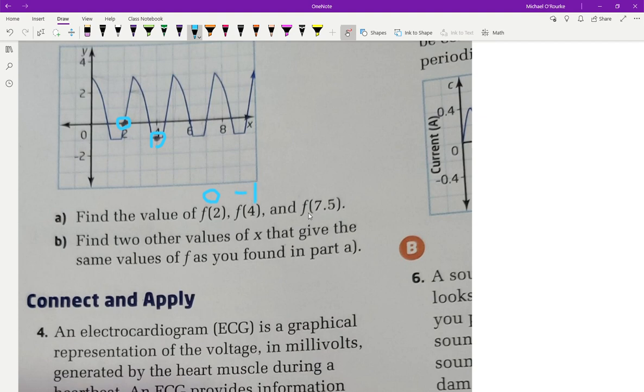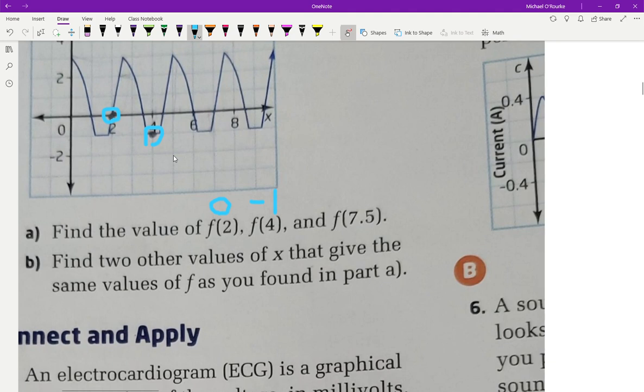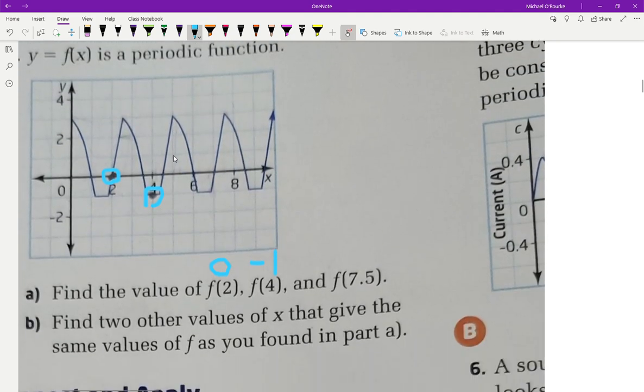Now can we type in chat what we think 7.5 would be? What would 7.5 be, if you had to take an educated guess? What's f of 7.5? Lago says 3. McCann says 2. Brooke says -1.